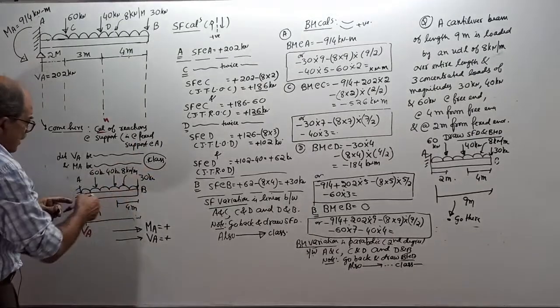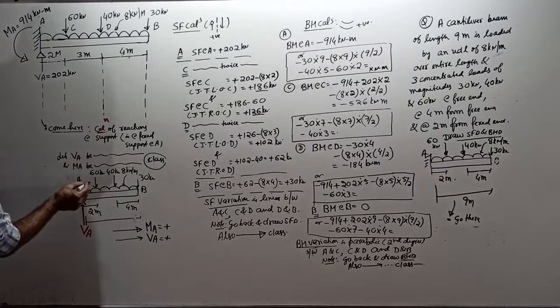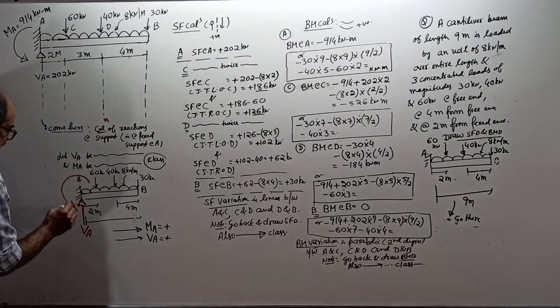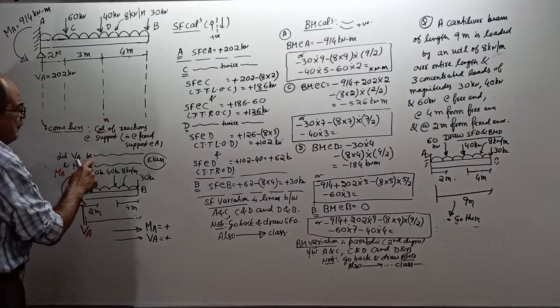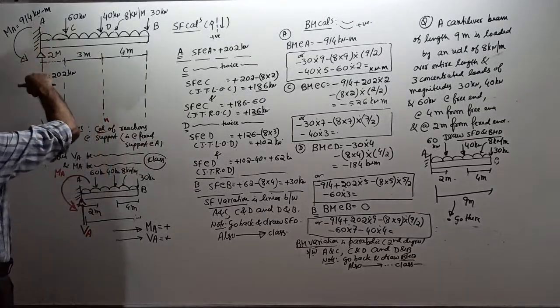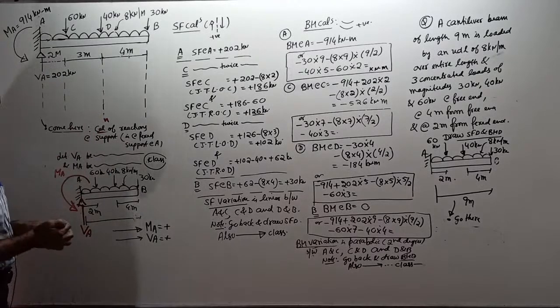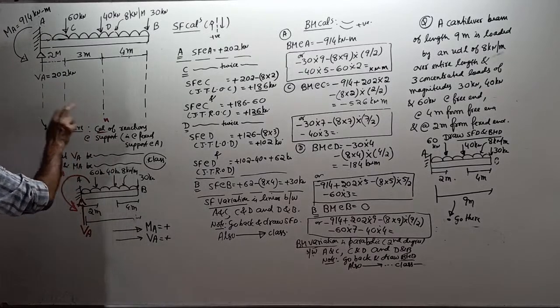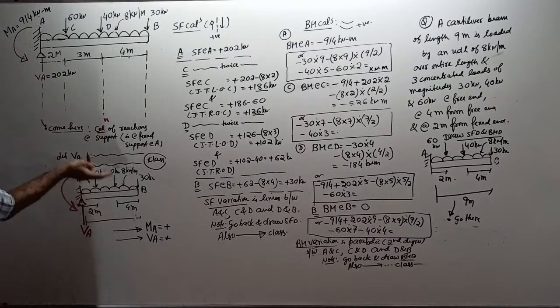The loading will create a clockwise moment about fixed end A, so for balancing, I will assume an anti-clockwise moment, MA. Let VA be the vertical reaction and MA be the reacting moment at the fixed support A. Then we will assume vertical reaction VA to be upwards and reacting moment MA to be anti-clockwise.